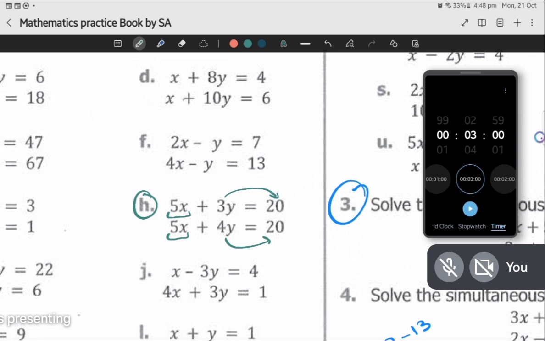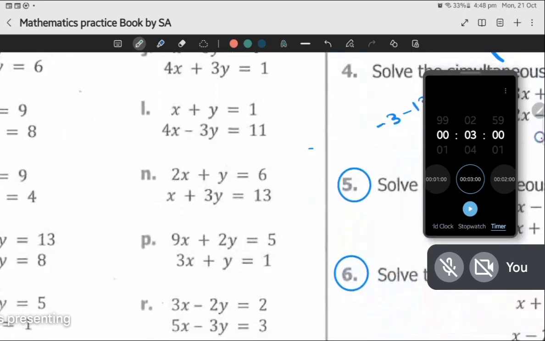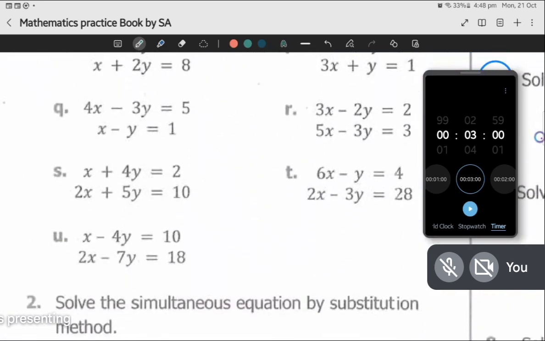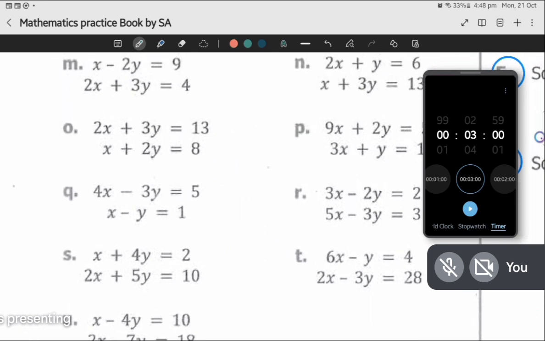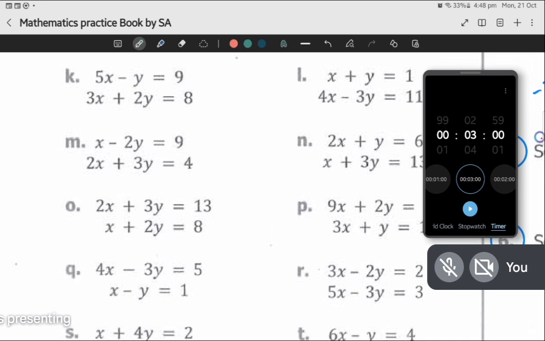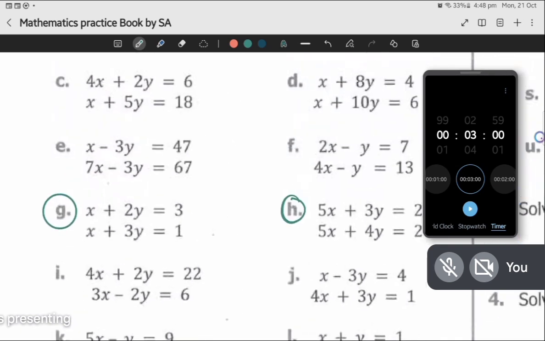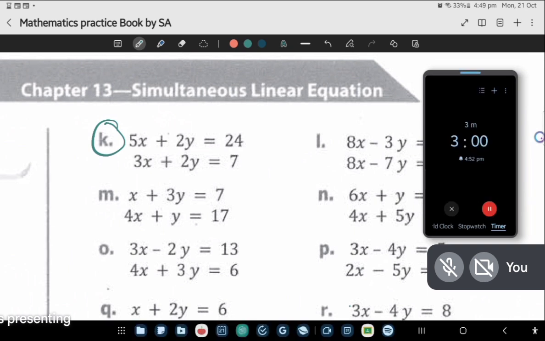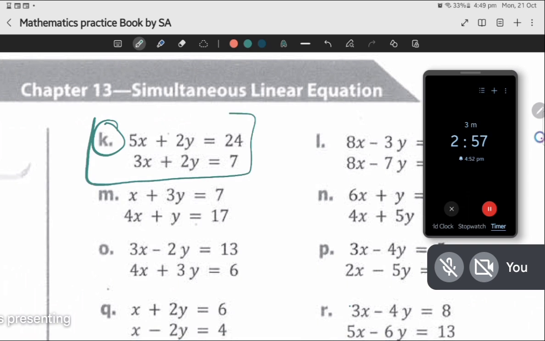Actually, going to try this question too. Which one are we doing? Okay.